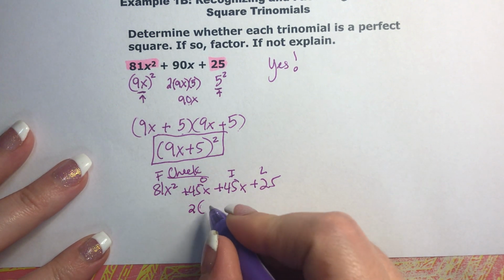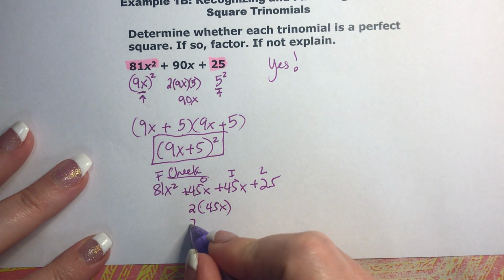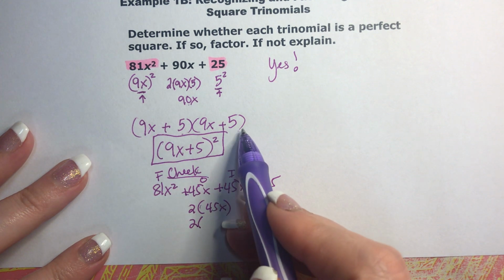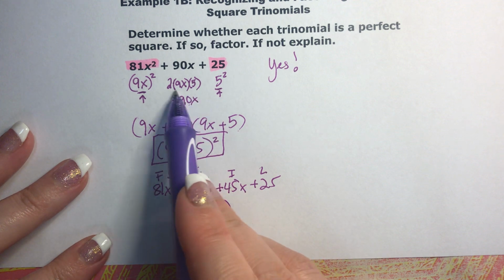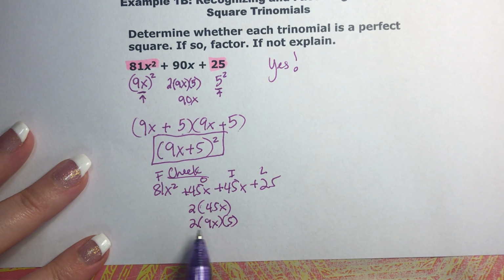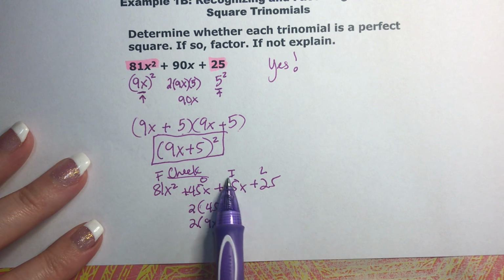That's why it's 2 times 45x. You get 45 because you're going 9x times 5. That's why it's 2 times 9x times 5, because there are 2 of these.